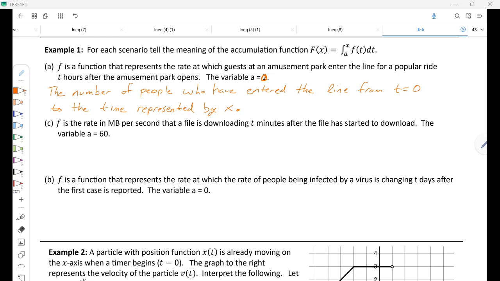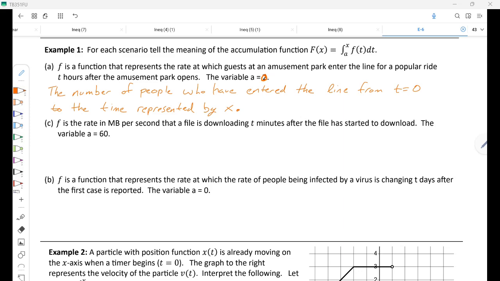If you say that that function represents the number of people in line, you're incorrect, because some of those people that got in the line hopefully got on the ride. So those people aren't in line anymore. So it kind of goes back to what I said when we are explaining these things. Use their words. If they said the rate at which people enter the line, then tell me the integral is the number of people who have entered the line.